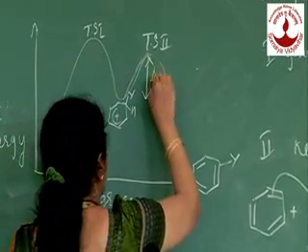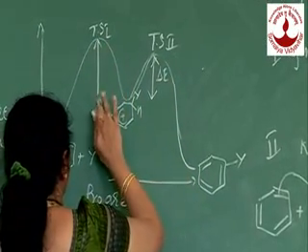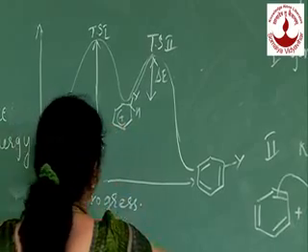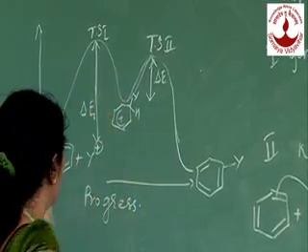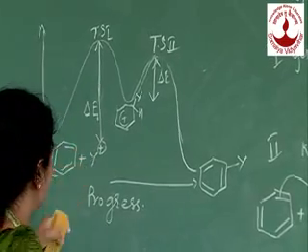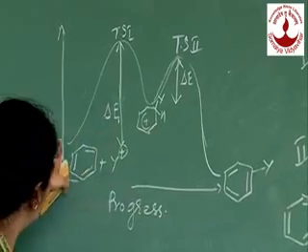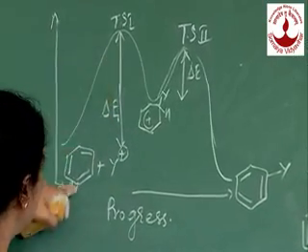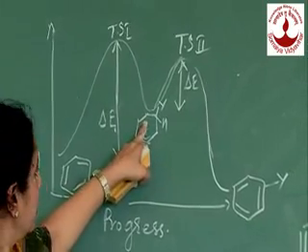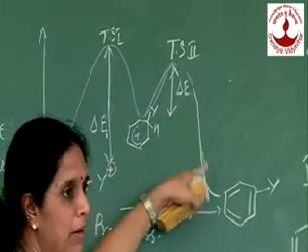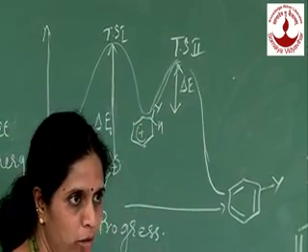If this is the energy barrier for the reactant to cross over to form the carbocation, okay, and this is the energy barrier which is required by the carbocation to form the mono-substituted product.